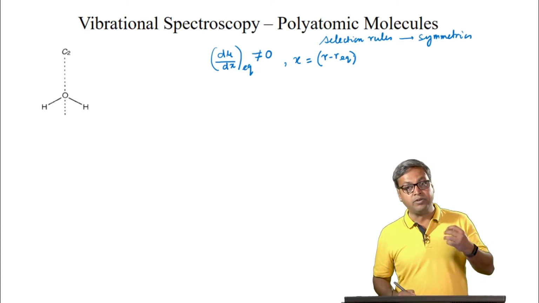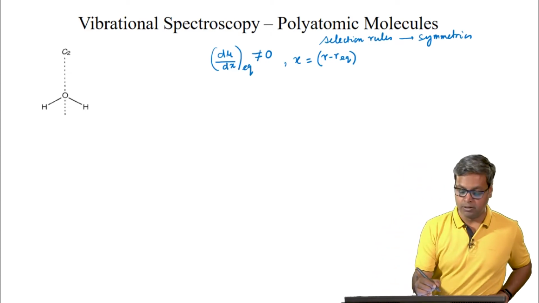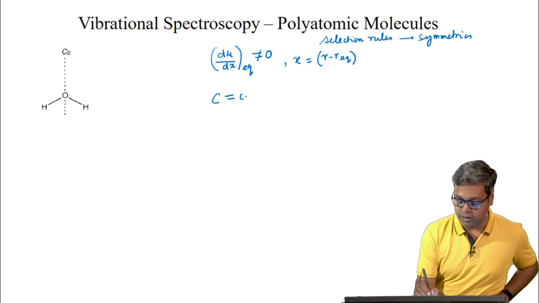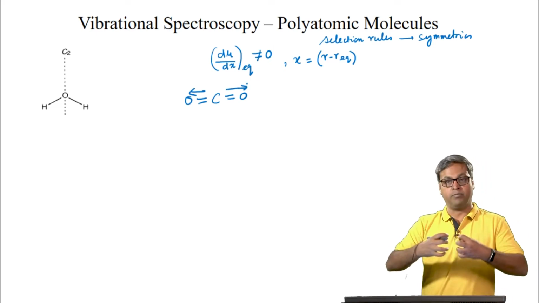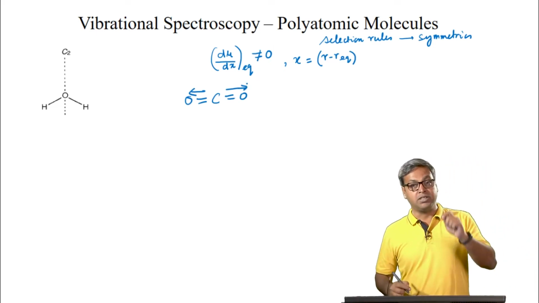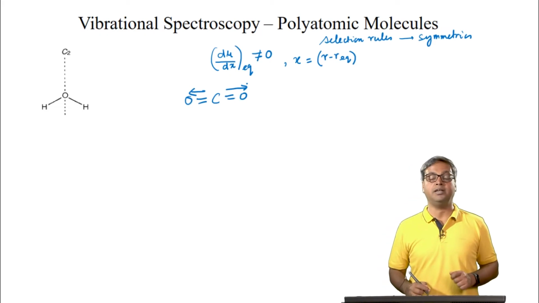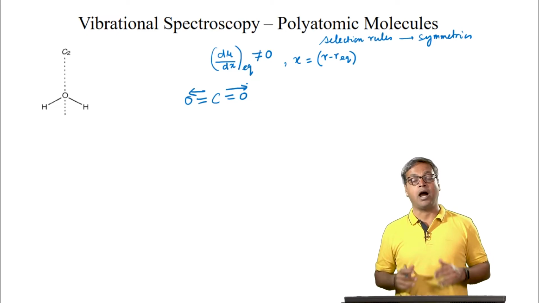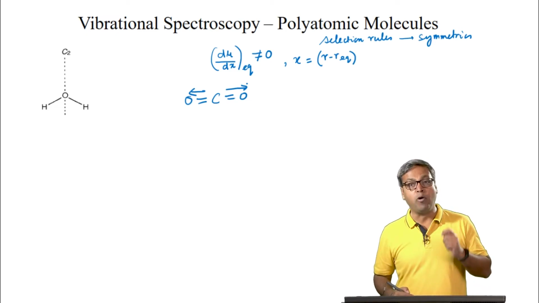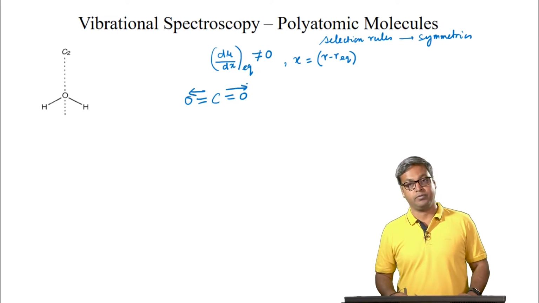So, the symmetric stretch of carbon dioxide. Let us draw the symmetric stretch. Here both the CO vibrations are in phase. This symmetric stretch of carbon dioxide is IR inactive, as it does not generate a dipole moment at any point during the vibration.